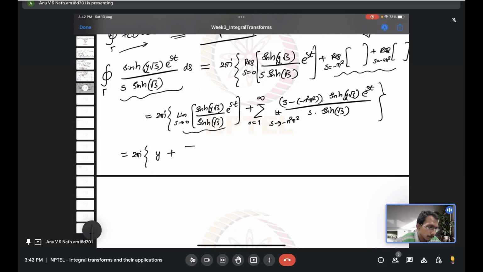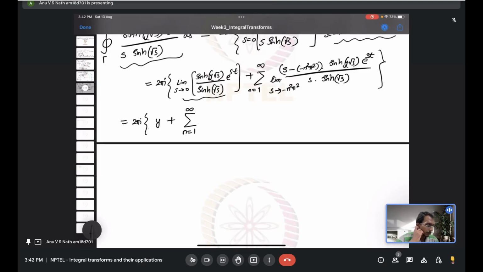So if you have doubts, stop me. I'm assuming that is obvious, that's why I'm skipping that part. Then n equal to 1 to infinity, the summation is there. Now the second limit. The second limit is also pretty easy to do, but anyway I will go through it using L'Hospital's rule.